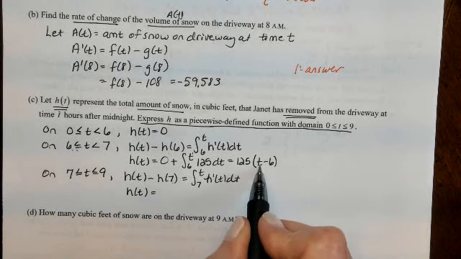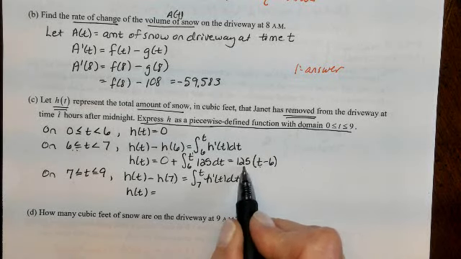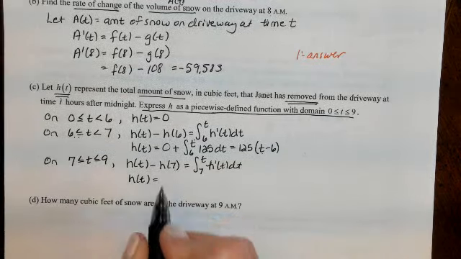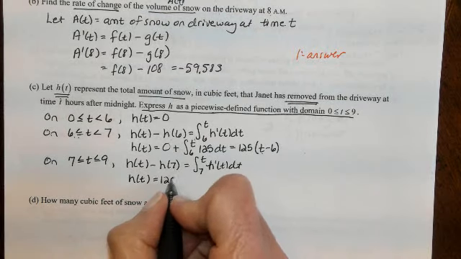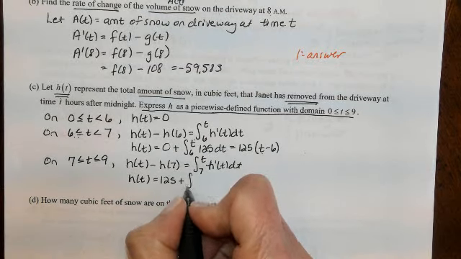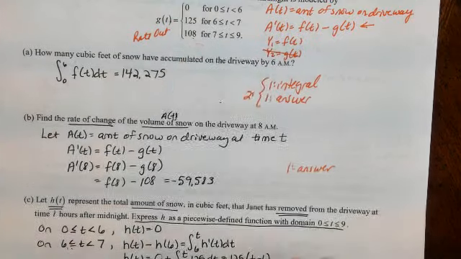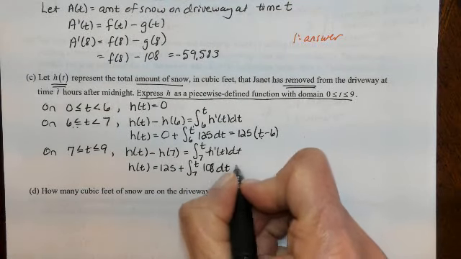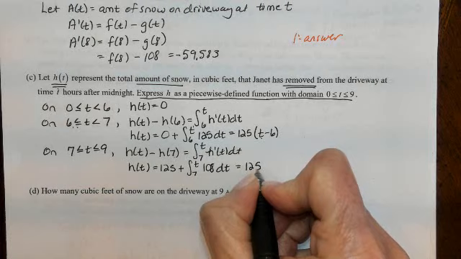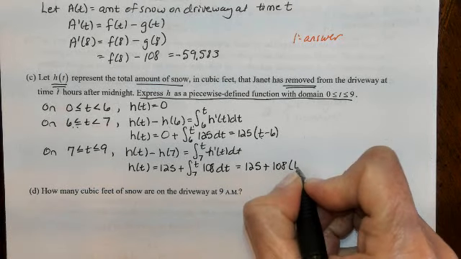If we put 7 in for t, we just get 1 here, and 1 times 125 is just 125. So h of 7, the starting spot here, is 125. H prime is g of t for this interval. That's our 108. So this will be 125 plus 108 times t minus 7.